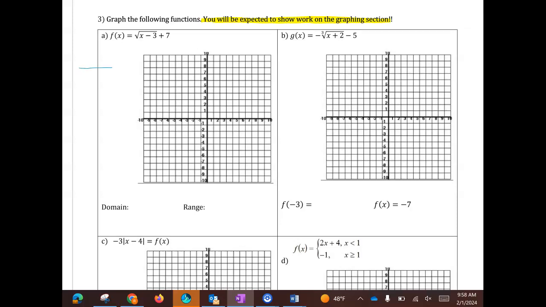So the first one is a square root function. So that means I will be using these points for my x's. And when I take the square root of these numbers, these will be my y values. When you do graph B, you have a cube root function. So these are the numbers we're going to use. And then here are their cube roots.